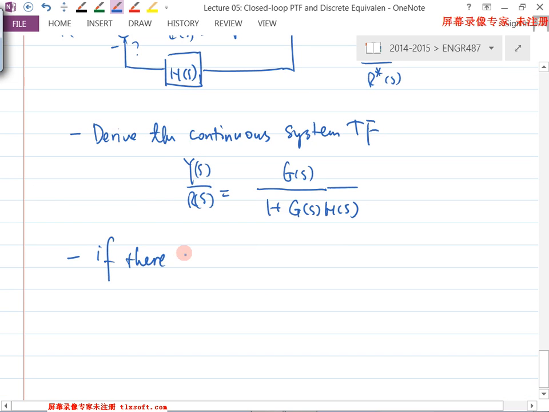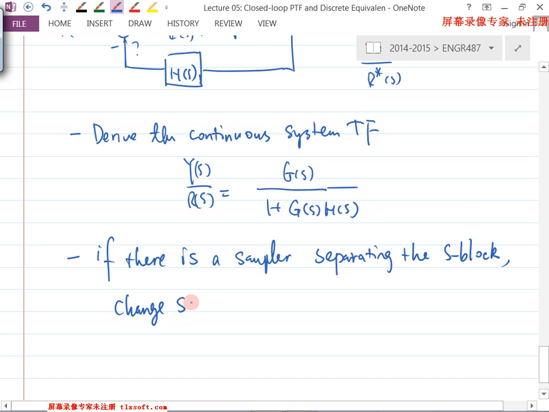If there is a sampler, or impulse sampler, separating the S blocks, S block meaning not just one, maybe actually two or three as a block, all you need to do is change the S function to a Z function. But there has to be an impulse sampler separating the two blocks.